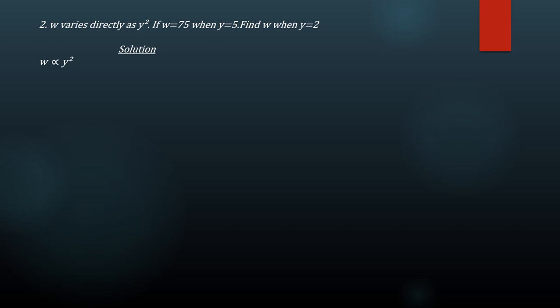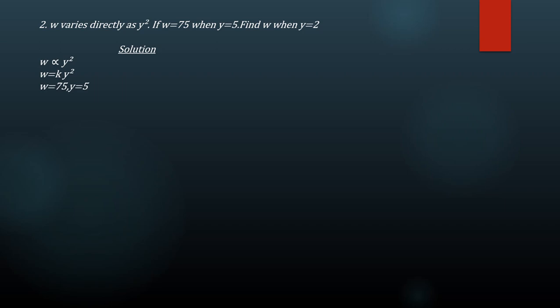Now this time around it's not just y, it's not a, it's not b, it's the square of y. So this means that when w is 6 and y squared is 8, when w is now 9, y squared would increase. That's what it's trying to tell us: it's y squared that is being varied here. So we have w equals ky squared.